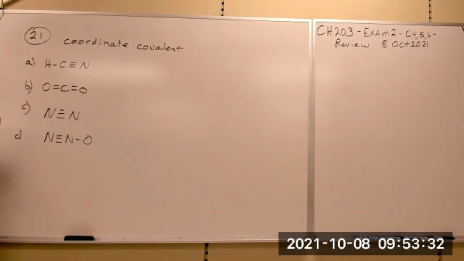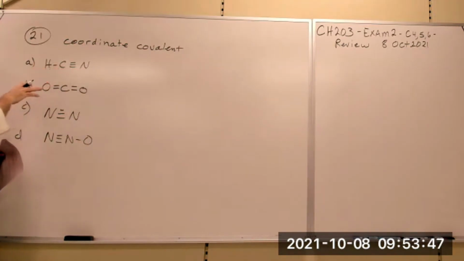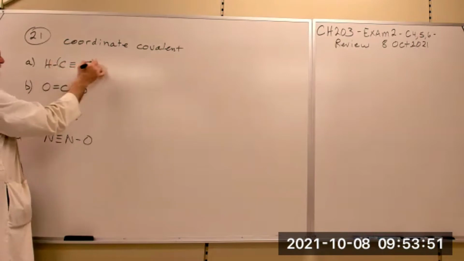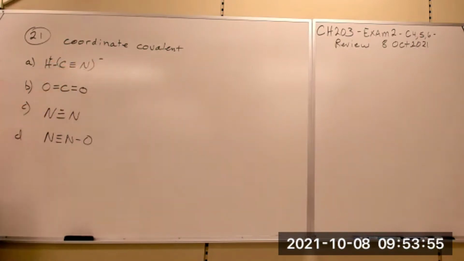So in order to tell whether you've got a coordinate covalent bond, you look at the Lewis dot structure and where it possibly could have come from. This one could have come from the cyanide polyatomic ion plus a hydrogen, which would have been a -1, and this would have been a positive, so that's possible.